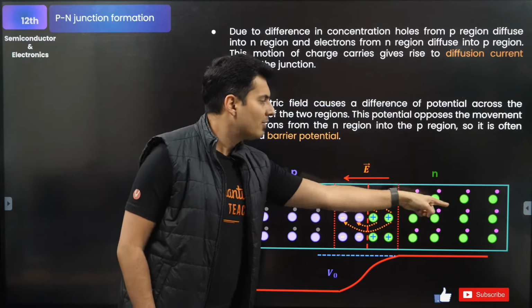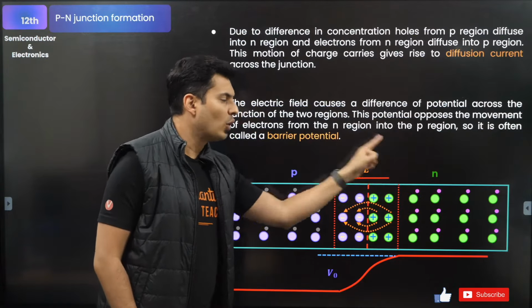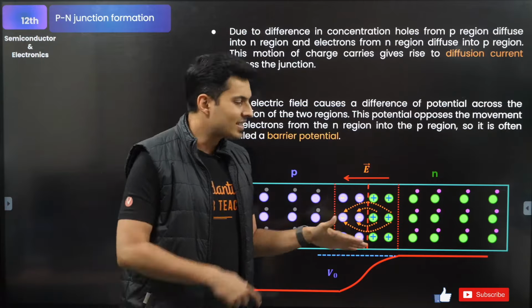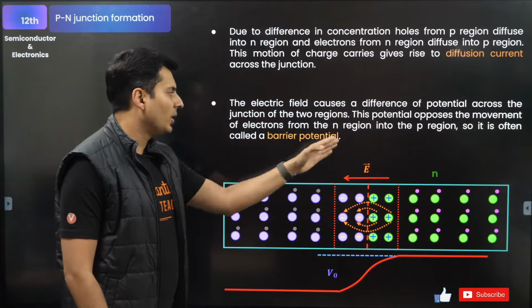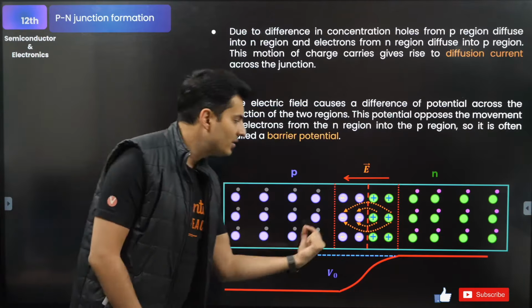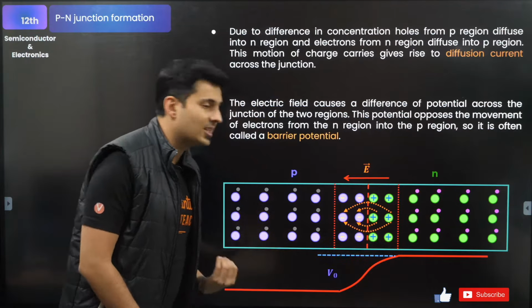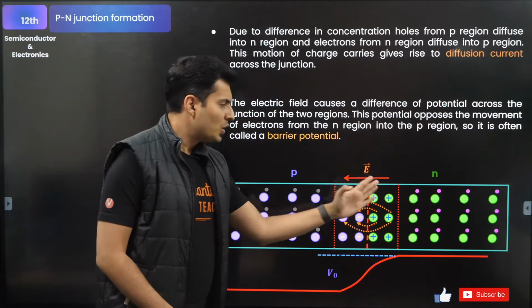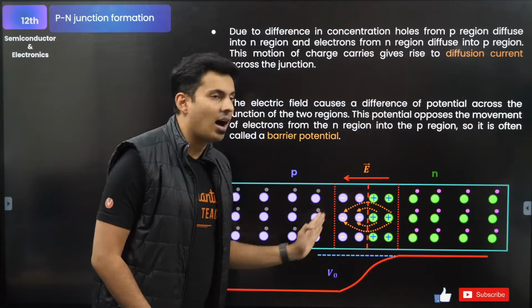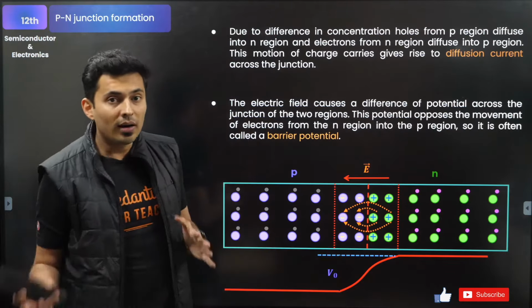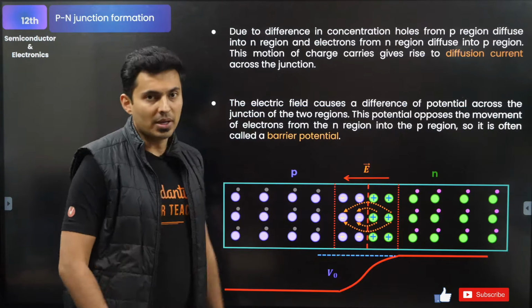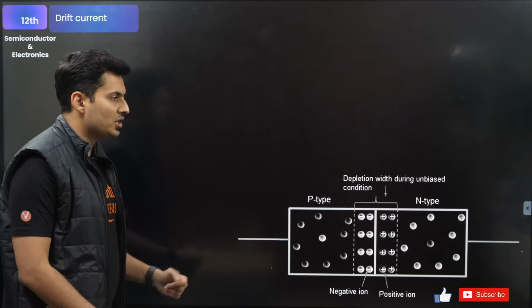So that force will prevent the further flow of electrons. So there is a barrier created that is called the barrier potential. This zone is called the depletion zone, where you will see that the charges are getting accumulated already the moment you create the p-n junction. That's called the depletion zone.